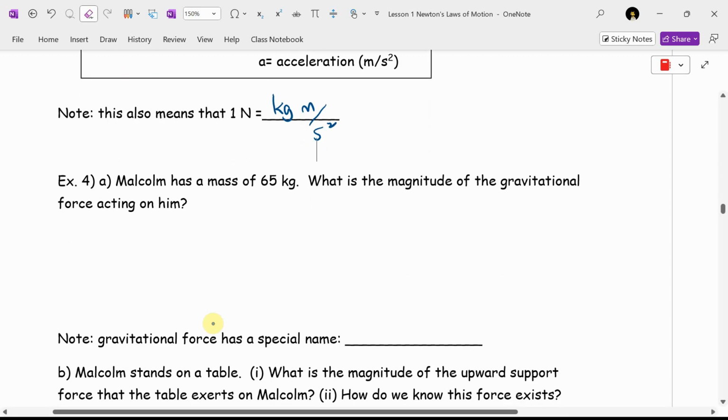Malcolm has a mass of 65 kilograms. Let's change this from Malcolm. Cross out Malcolm and put the word Tristan right there. We're going to use Tristan as our guinea pig. What's the magnitude of the gravitational force acting on him? Solomon, what's this asking me to find? The gravitational force.